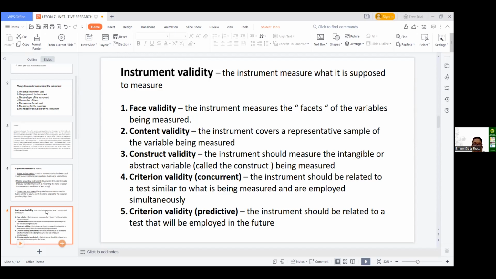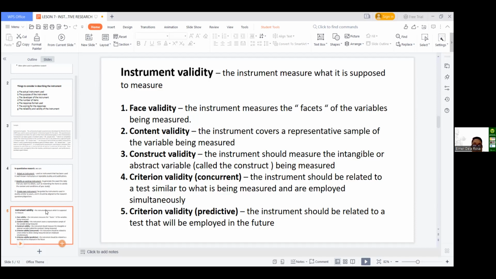Now, the content validity naman is the instrument covers a representative sample of the variable being measured. Baka naman puro verbal o baka naman ang dami-daming reading comprehension items, wala nang grammar rules. So, iisa-isahin mo ngayon kung does it represent the variable.